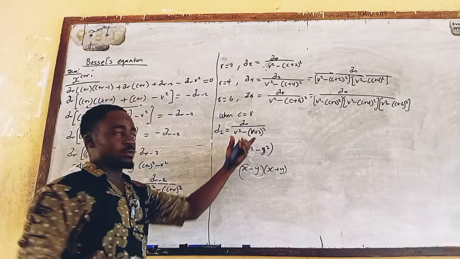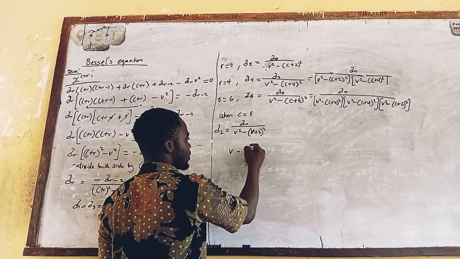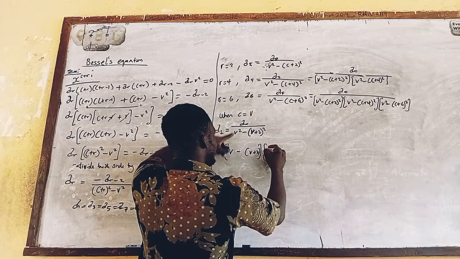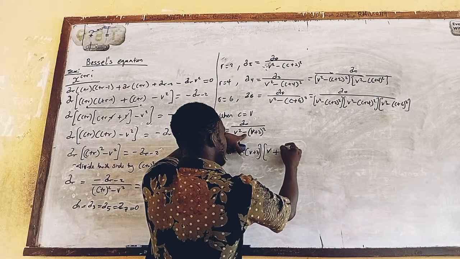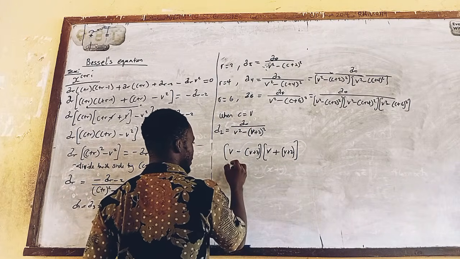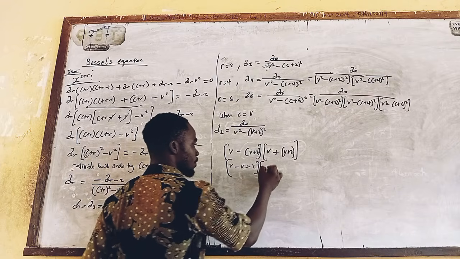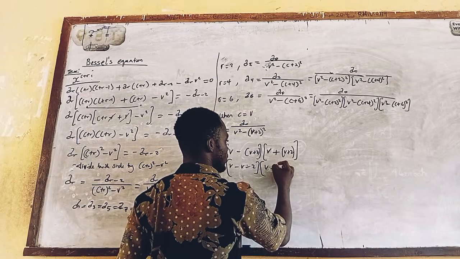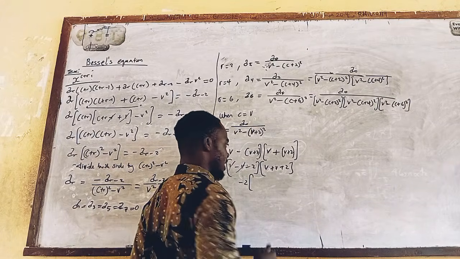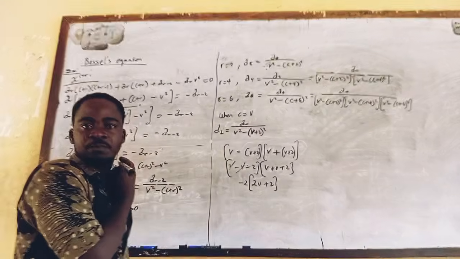Now if I want to solve this one, I pick v minus (v plus 2). So you pick 1. Then the other one, pick v again, plus (v plus 2). If you open the bracket, you're going to have v minus v minus 2, v plus v plus 2. This cancels this, you have minus 2, open bracket, 2v plus 2.